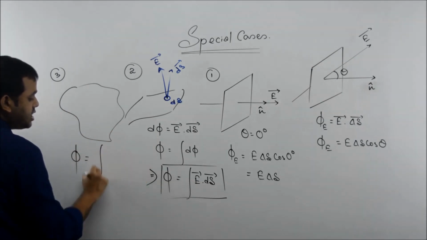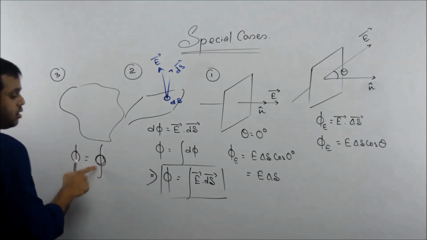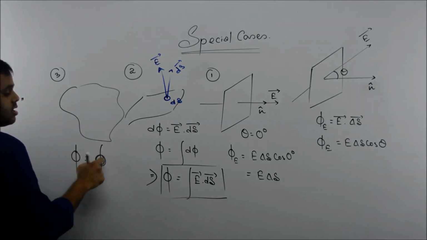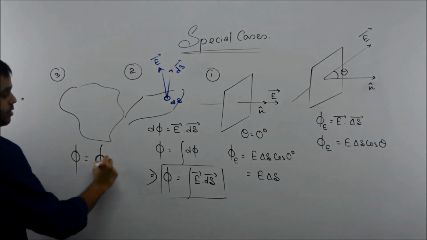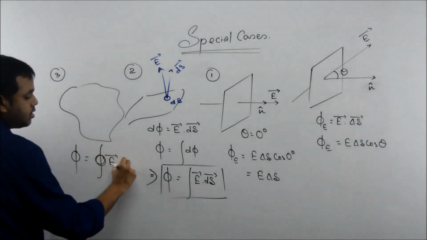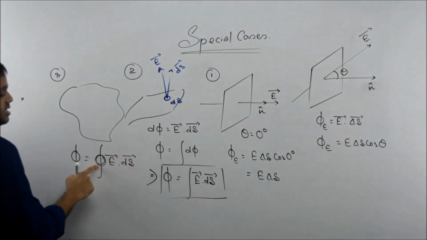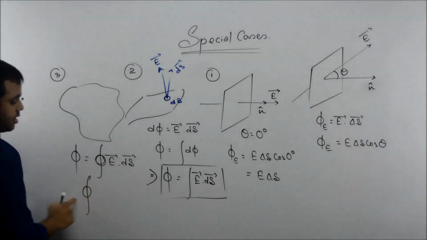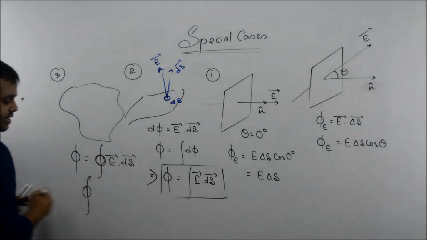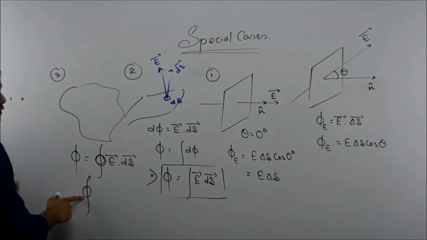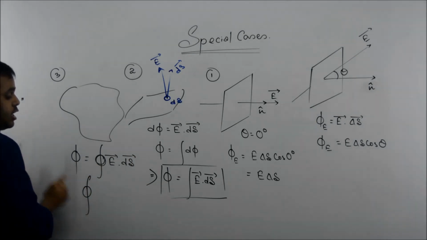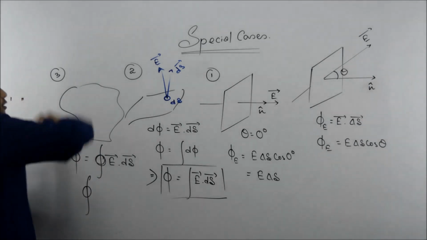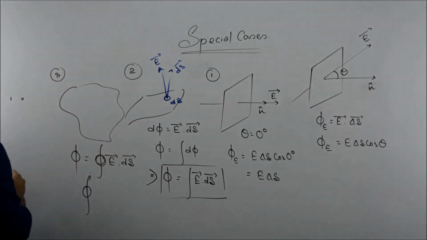But here in integration, we give this circle kind of shape. So what does this shape imply? This means surface integral, or you can say it means you need to perform the integration over the entire surface.